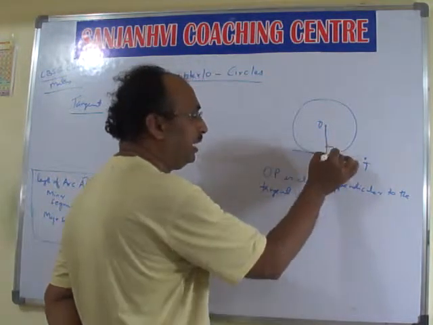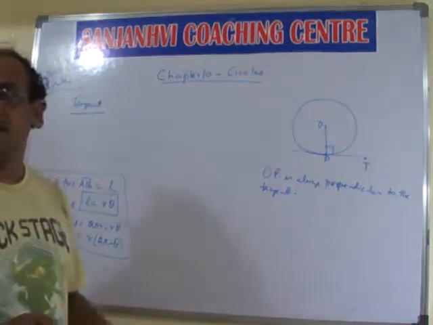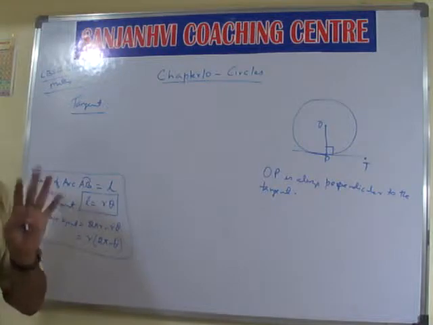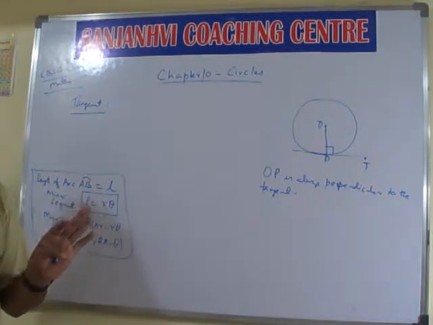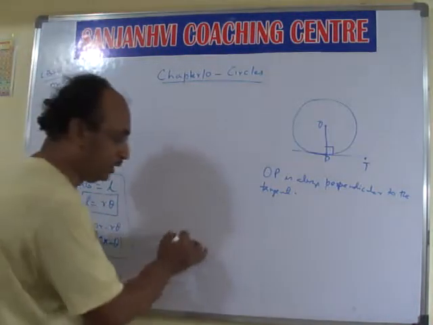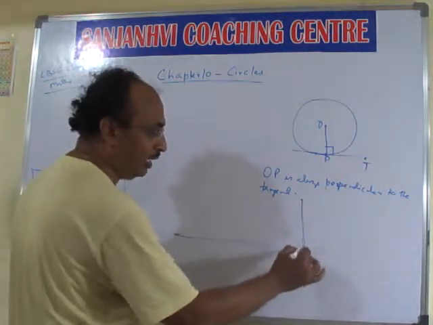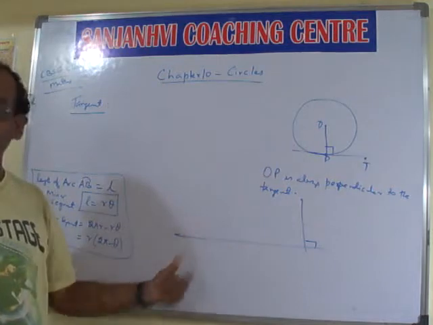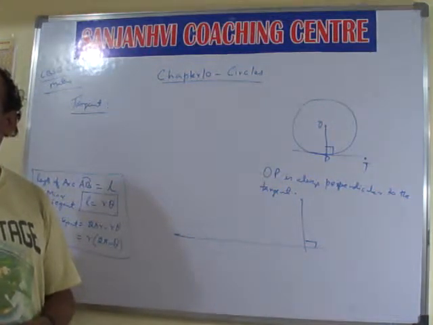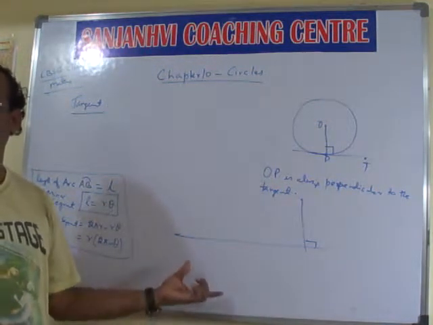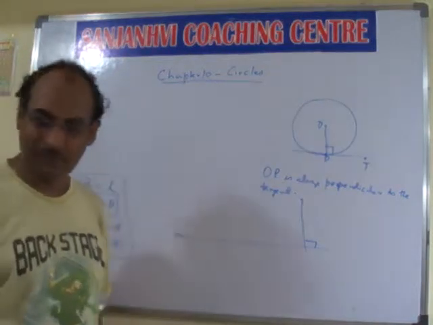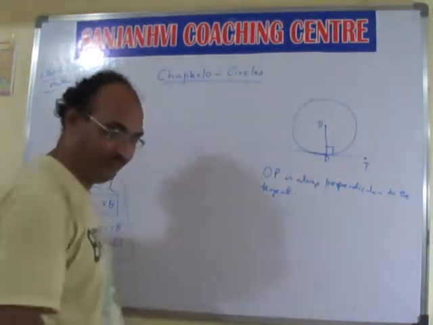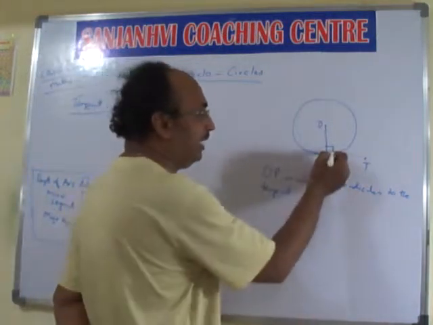Suppose this line is there and I am drawing a perpendicular here; it is not dividing the line into two parts. It is only making a 90-degree angle. So perpendicular means making a 90-degree angle.